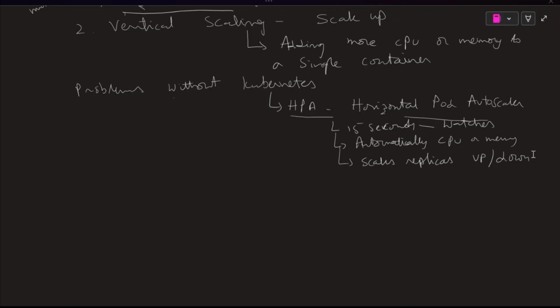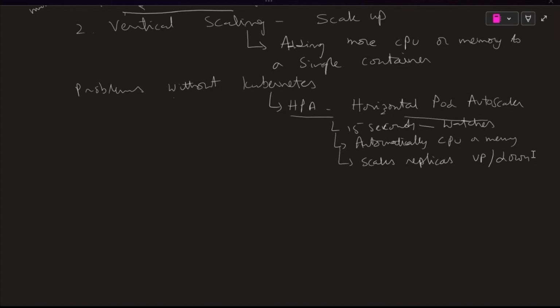Remember, we are discussing the overview. Whatever we are discussing in this lecture, we are trying to understand the significance: what kind of problems Kubernetes solves, what the advantages are, and how to overcome the problems we faced in traditional application servers, monolithic applications, and also Docker.